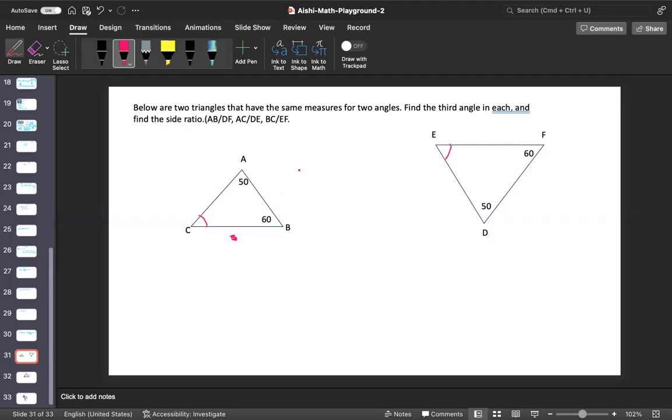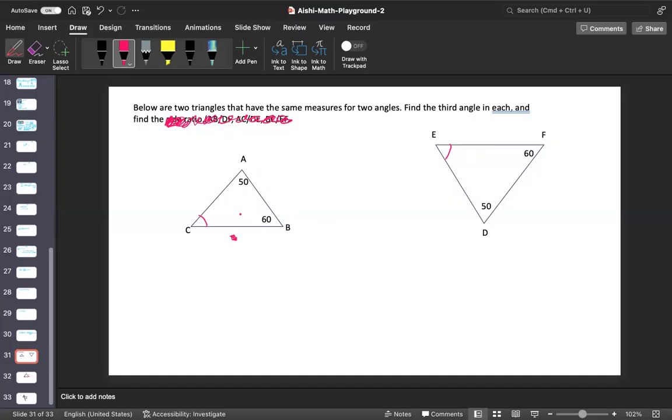So since we don't know the sides, let's not do the side ratio part. So let's continue. Okay. So we know that these two are similar, right?